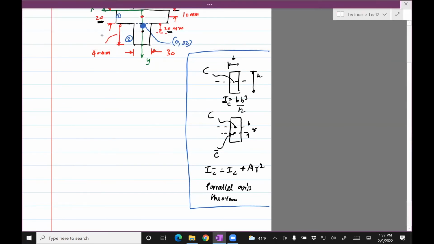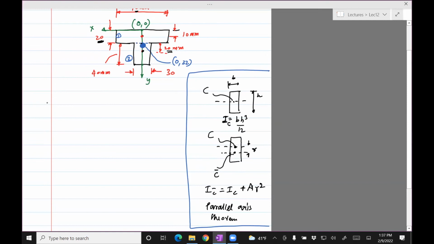Okay, so with that, let me now compute the inertia, the moment of inertia.